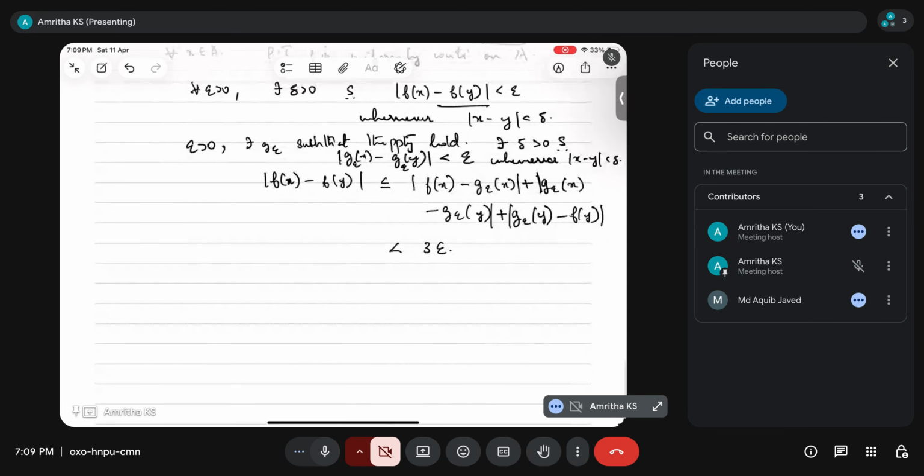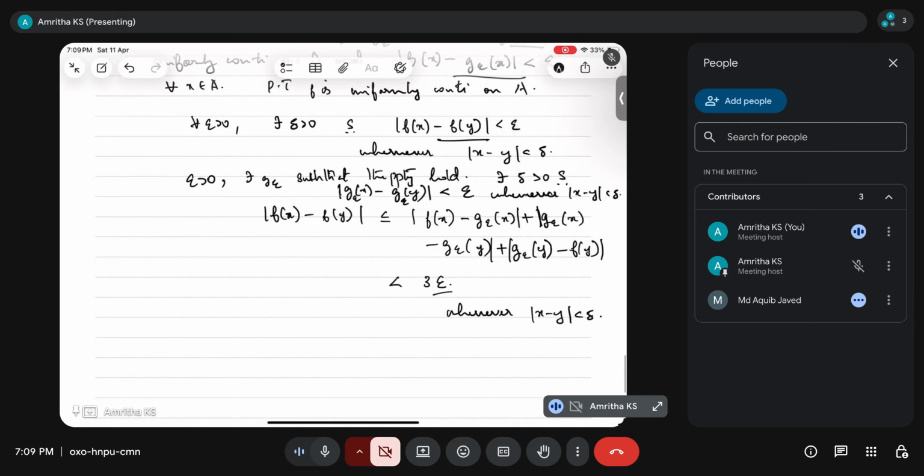So we get this whenever mod x minus y is less than delta. That means for all epsilon, we can take the same delta. This implies that f is uniformly continuous, right? Okay.